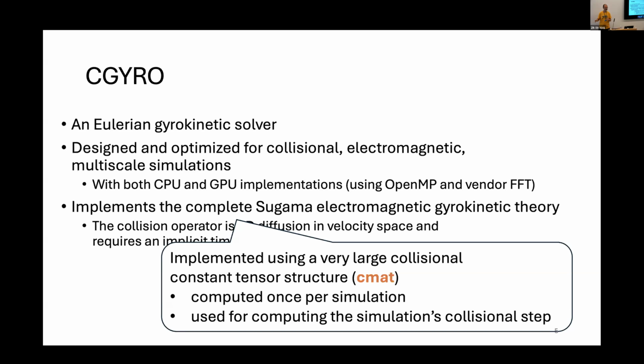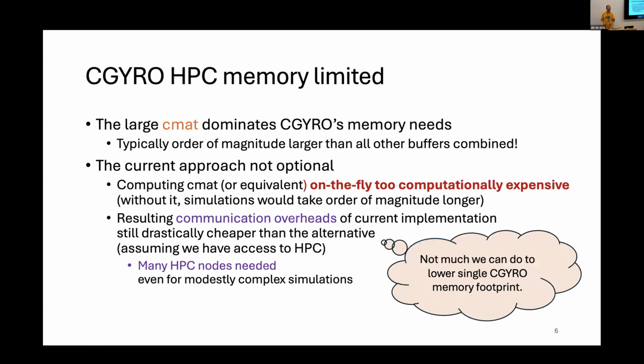And we do this because it really speeds up the simulation, but it is big. Turns out this single tensor structure is what dominates the memory need of CGYRO. This structure by itself is an order of magnitude bigger than anything else memory-wise inside CGYRO. Fortunately, it's not optional.